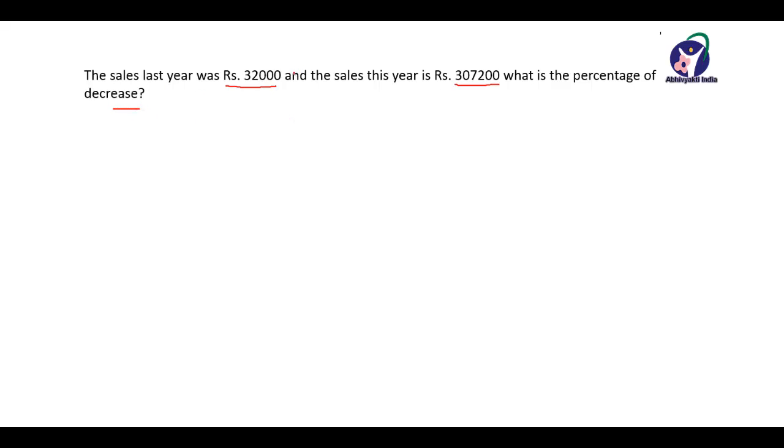First find the difference between these two numbers, that is 3,20,000 minus 3,07,200. And this difference comes to 12,800.